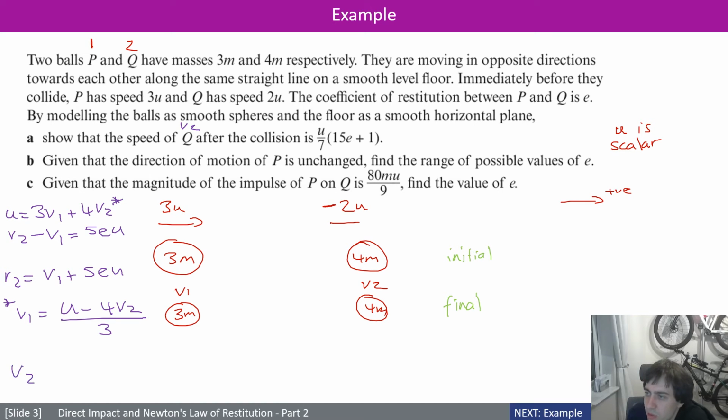Therefore v2 is equal to u minus 4v2 all over 3, let's not do too much at once, plus 5eu, which is 15eu over 3. That's then equal to, oh no, I've confused myself a bit there, sorry, substituted the wrong thing. v2 is equal to, must be a faster way to do this.